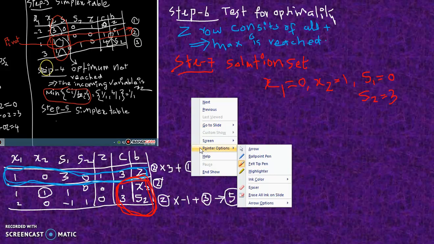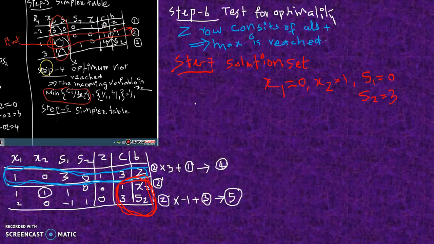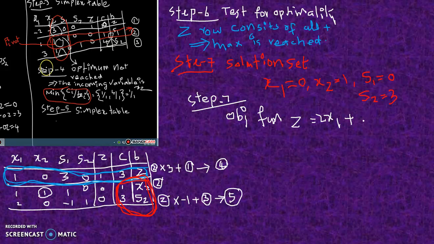The objective function here is z equals 2x1 plus 3x2, plus, as you have changed the objective function by adding, 0 into s1 plus 0 into s2.